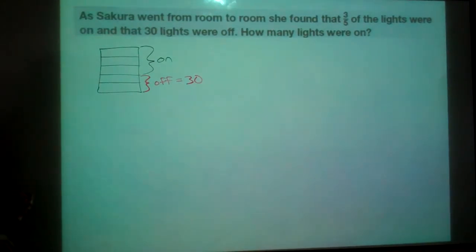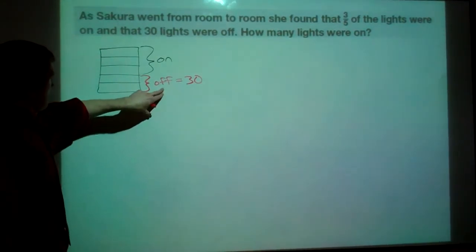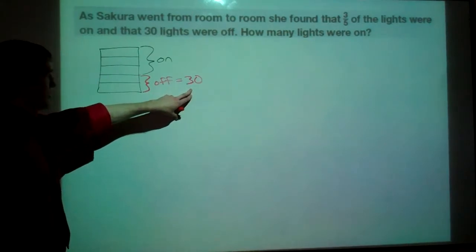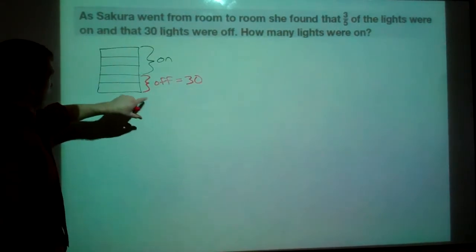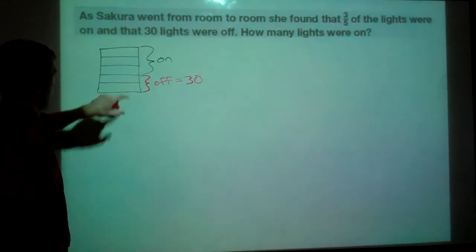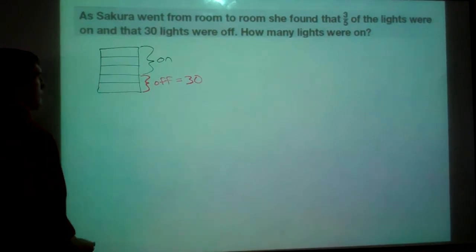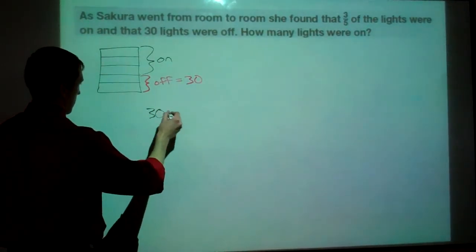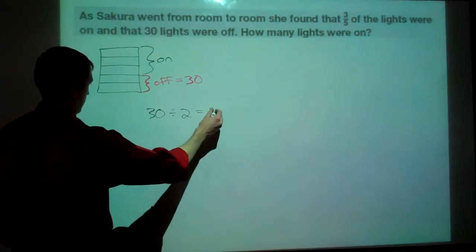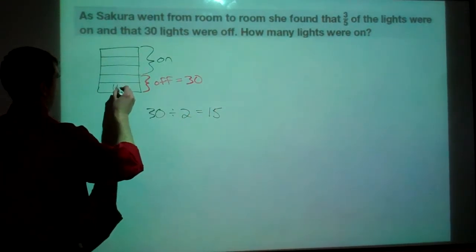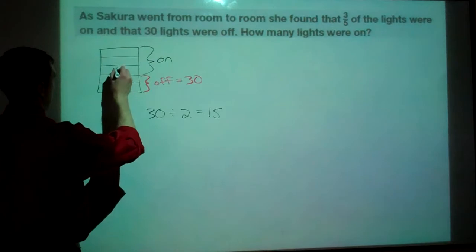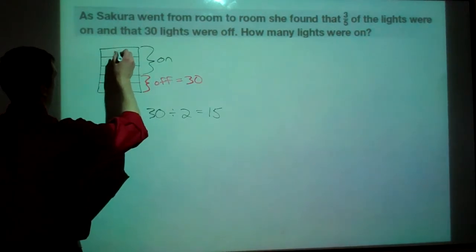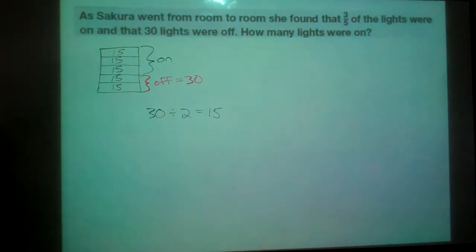Since there were 30 lights off and that's 2/5 of our total, we're going to divide 30 by 2 and see what goes in each box. 30 divided by 2 equals 15. So 15 goes in each box. If we add all those up, oh wait, no, it wants to know how many lights were on, it's not looking for the total.